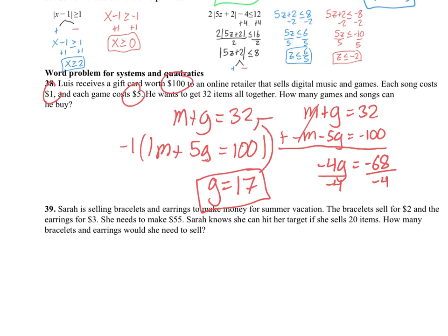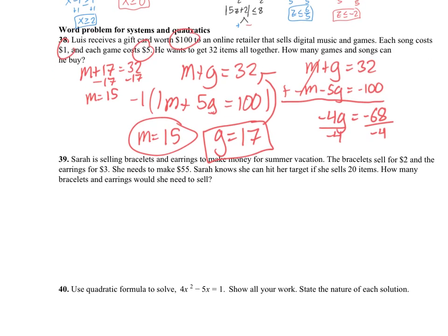So I'm going to have m plus 17 equals 32. Subtract, and m equals 15. M equals 15. And you're done. Yeah, cool. Right, pretty simple.